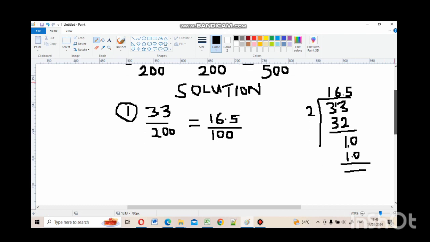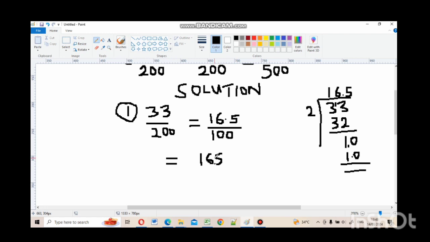Now solving further, 16.5 hundredths is what the decimal results in. With 100, we have 2 zeros, so we count by 2 places.